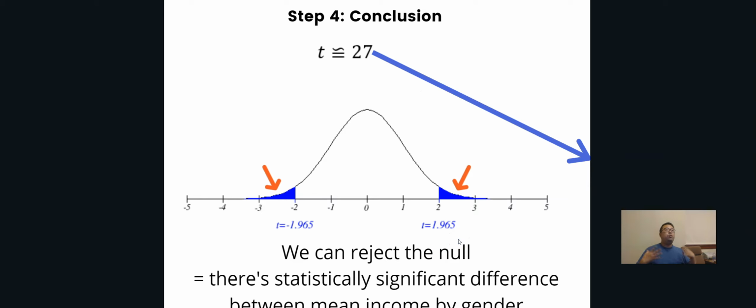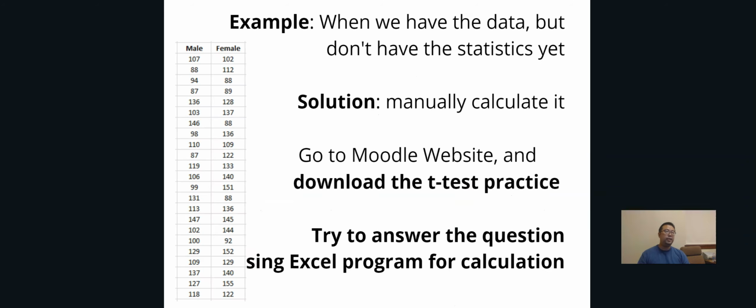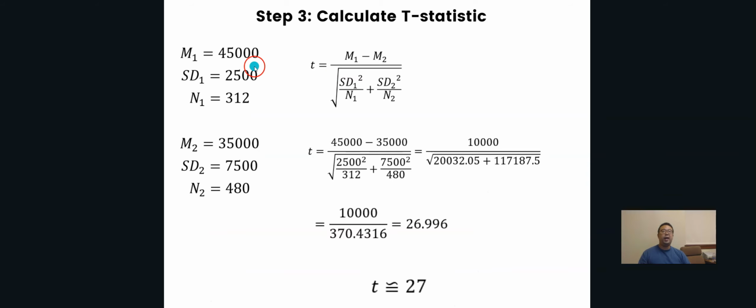So it means that we can reject the null hypothesis, which means there is a statistically significant difference in mean income by gender. So in this conclusion, we can say that gender and income are associated because gender impacted the mean income, right?